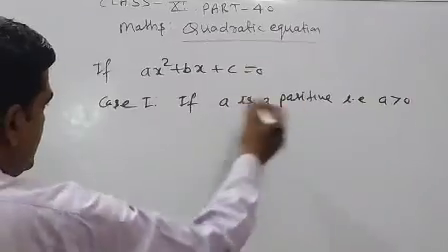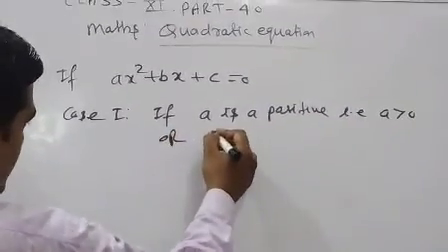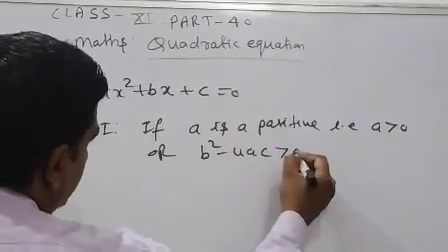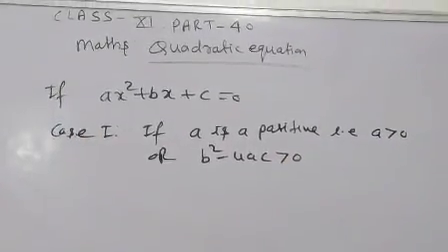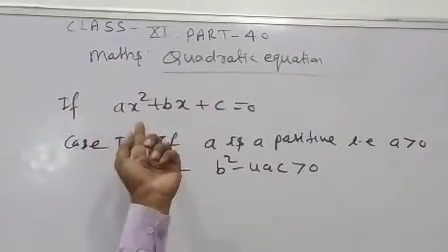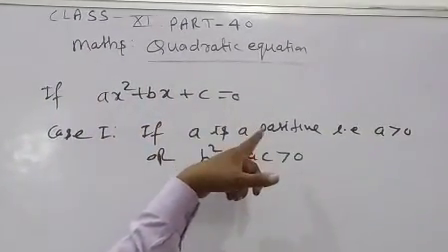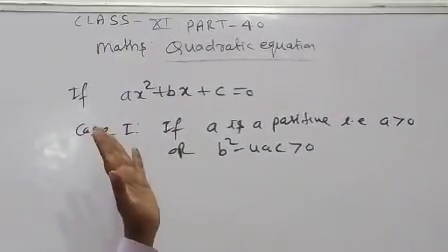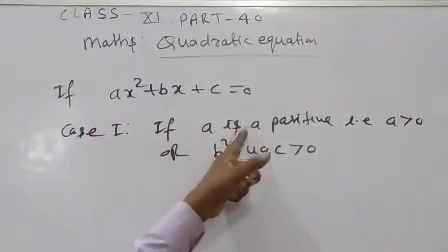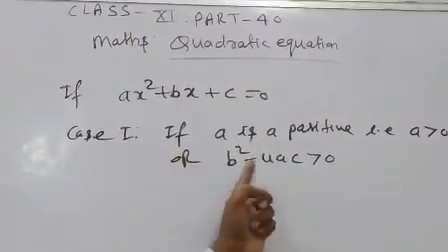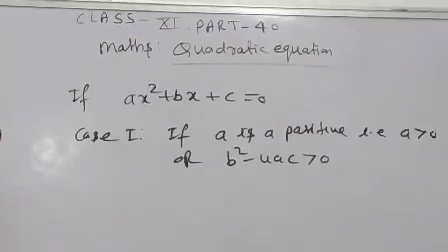Clear? Or b square minus 4ac is greater than 0. Clear? It means if any quadratic equation ax square plus bx plus c is equal to 0 is given, there are three cases. First case, if a is positive, that is a is more than 0, or b square minus 4ac is more than 0.